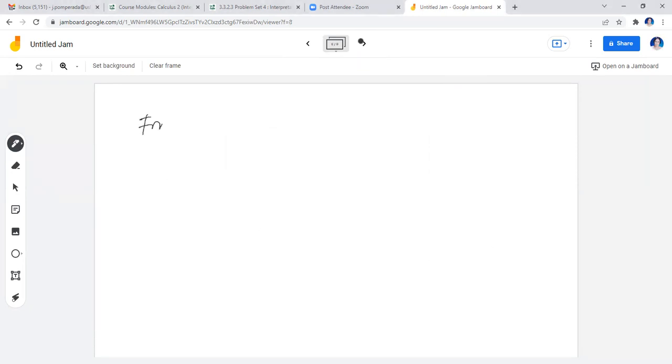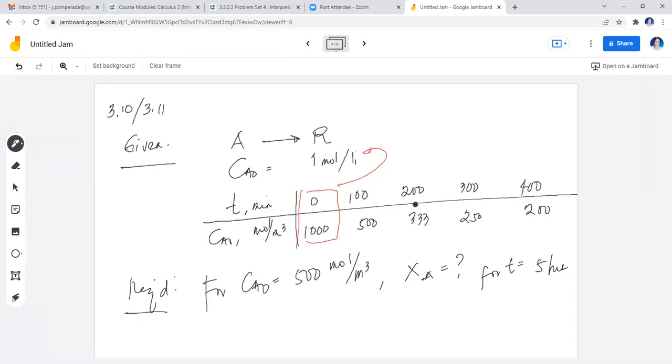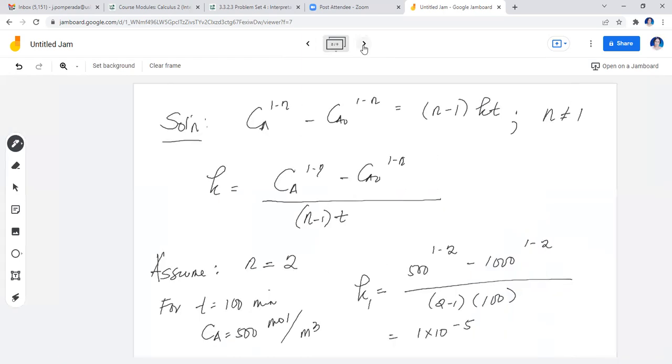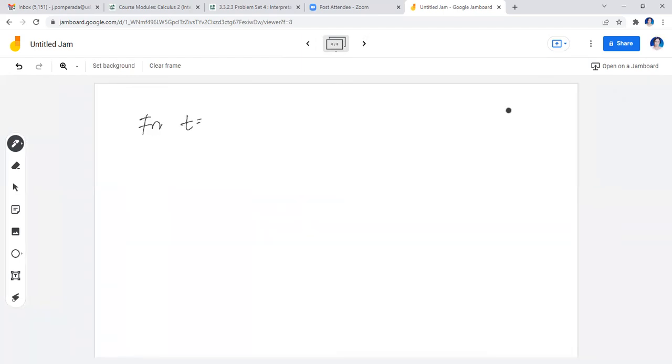So for time, this time I'll use the second pair here, 200 and 333. So I will have here 200 minutes and the Ca, which is 333 mole per cubic meter.